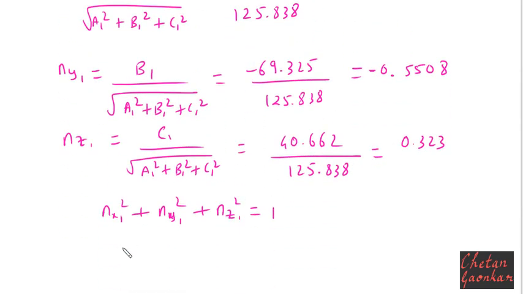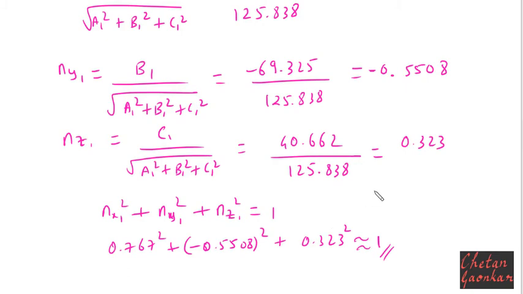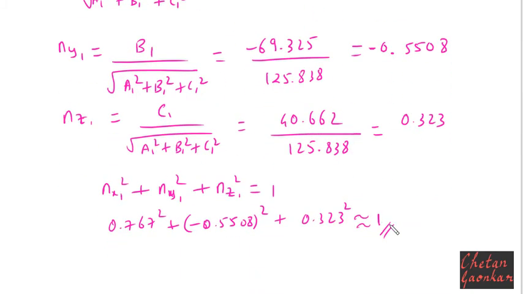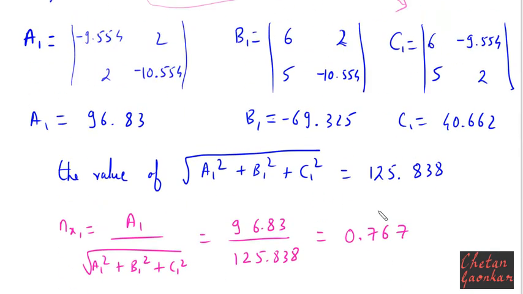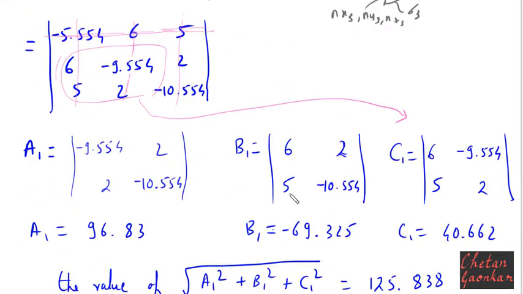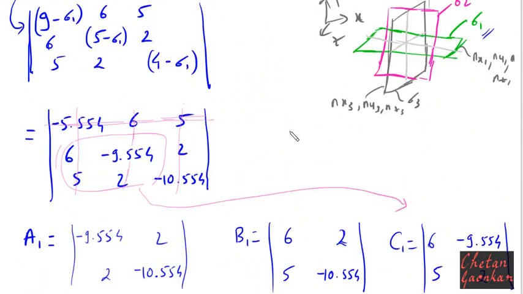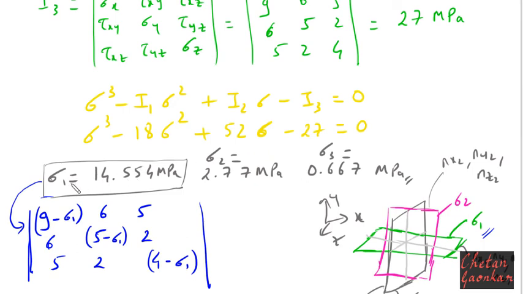If I substitute these values, 0.767 square plus minus 0.5508 square plus 0.323 square, one will observe that this value is approximately equal to 1. So this is how we can cross check if our values of direction cosines are correct or not. So this is how we can find the direction cosines of the principal planes.